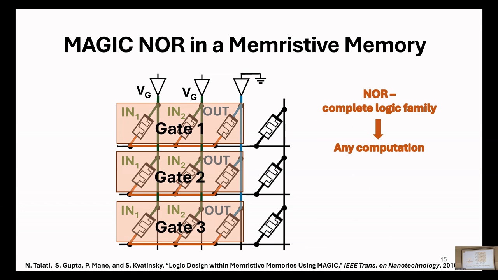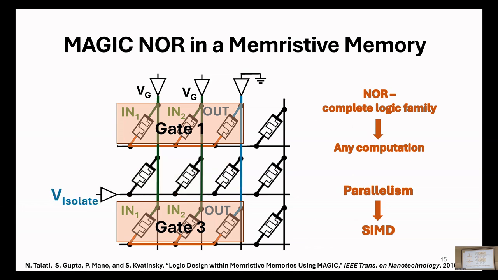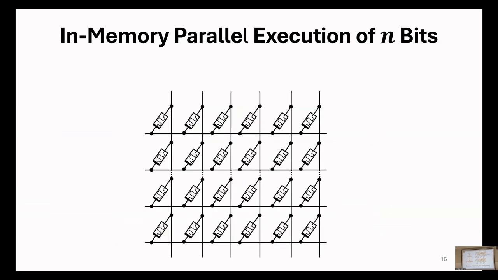And since NOR is a complete logic function, we can compute any computation that we want by executing a sequence of NOR operations. Because we have a large parallelism of the same operation, it's good for SIMD, single instruction multiple data operations. And we also have the flexibility to decide if we want some of the rows not to be executed, by applying a voltage that isolates them.